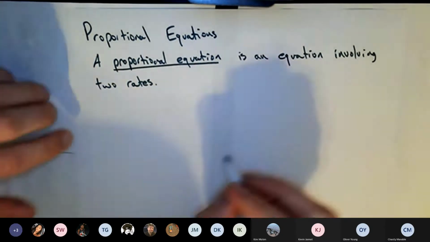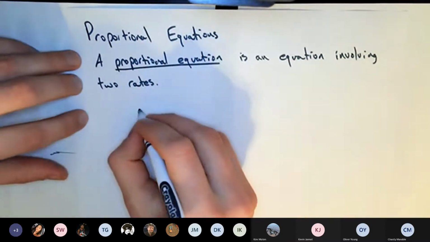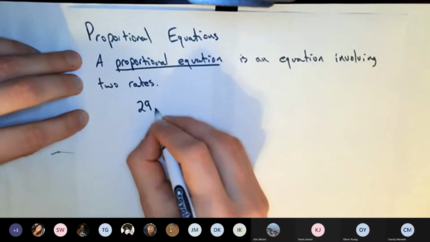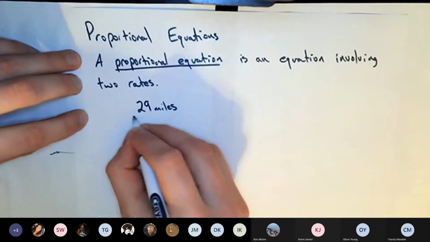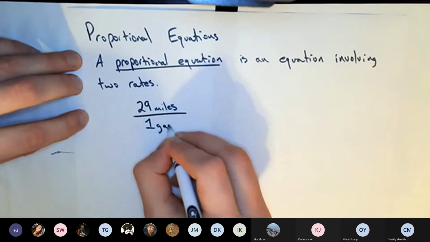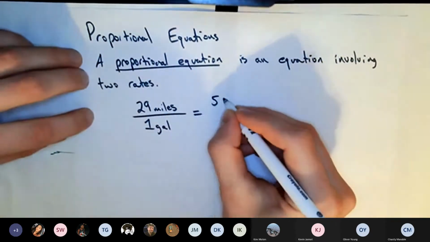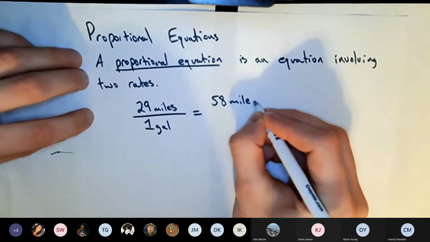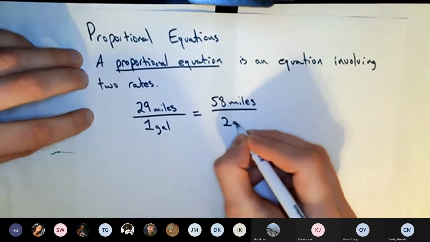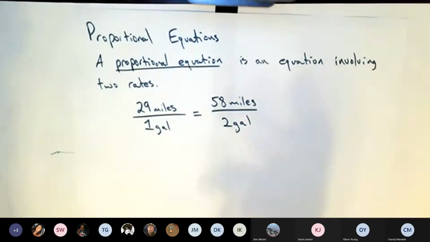For instance, if I said that Katie's car gets 29 miles per 1 gallon, I could also say that she gets 58 miles per 2 gallons. And where is that coming from?